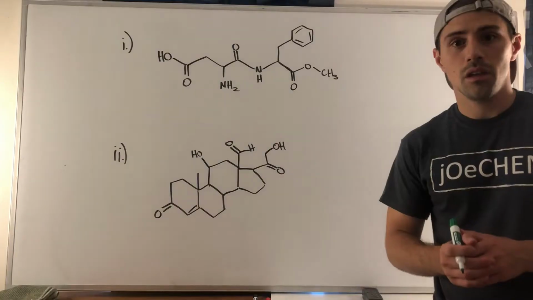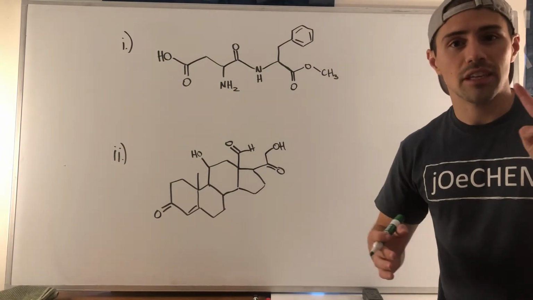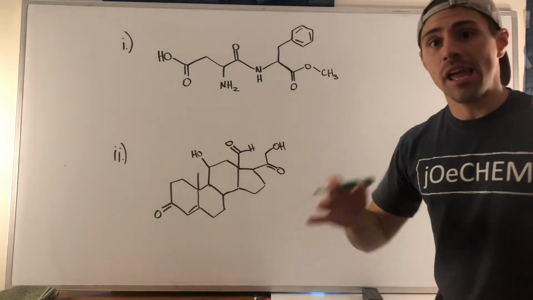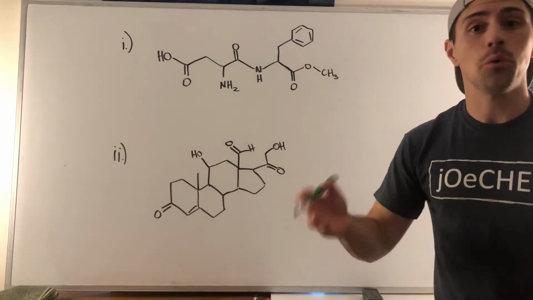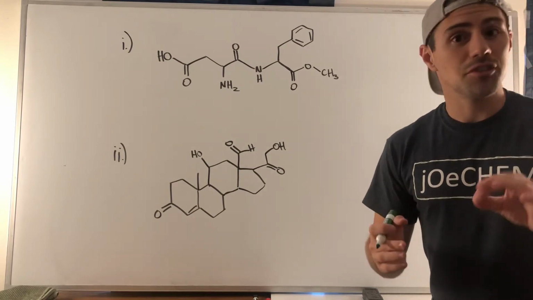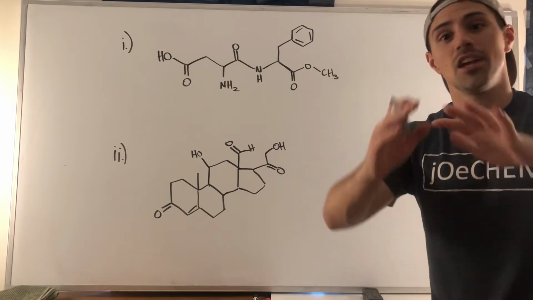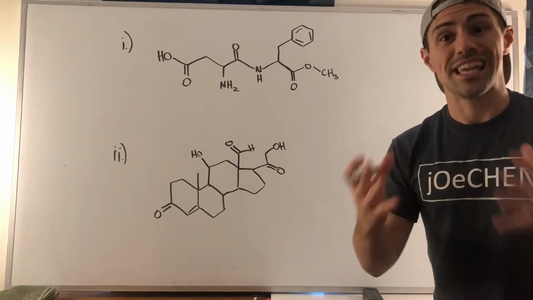Let's do it. Okay gang, so in problem 1, we're easing into this worksheet. I've given you two structures. This is aspartame and this is aldosterone, and the point of this problem was just to label the functional groups. I promise you on your first exam there's a high chance of getting a problem just like this. You'll get a big structure and all you're asked to do is label the functional groups in that structure.